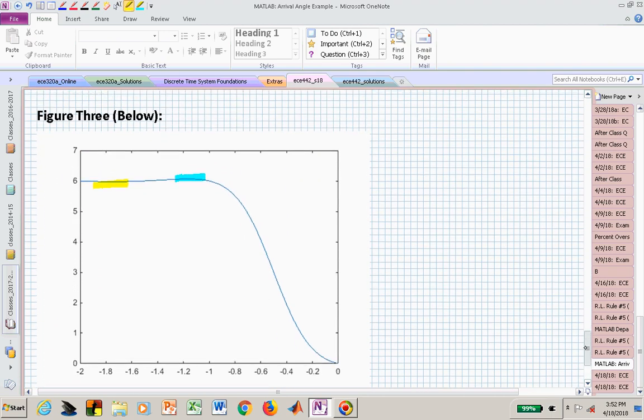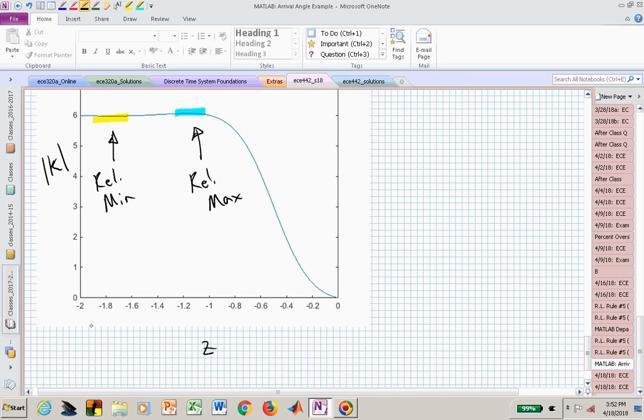And that's what this is illustrating. Here is our relative max for a breakaway point. Here is a relative min of k. This is now the magnitude of k for values of z between -2 and 0.